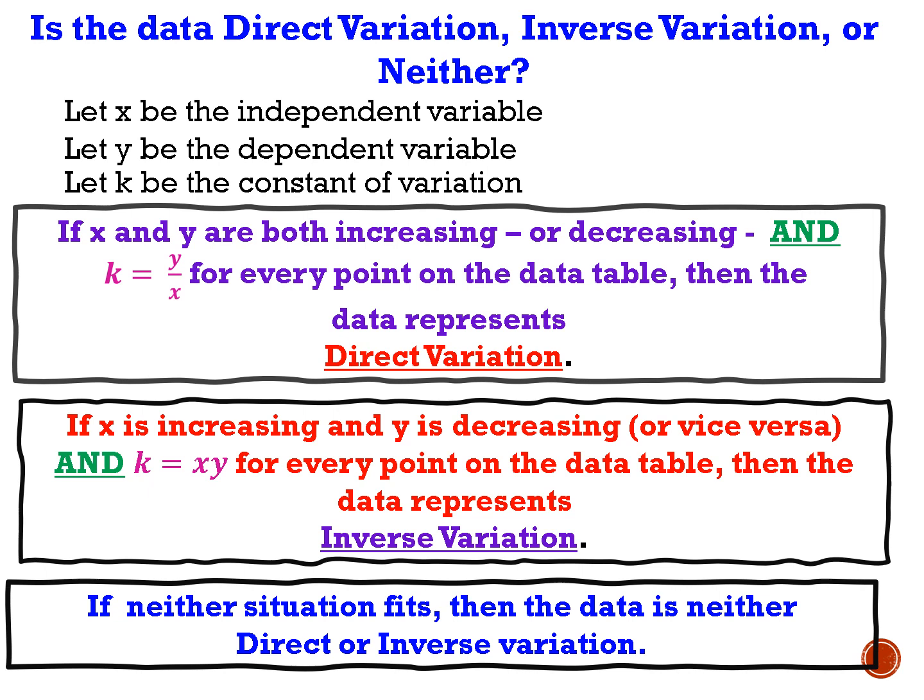And obviously, if neither situation fits, then we're just going to say the data is neither direct nor inverse variation. It's not direct, it's not inverse. All right?